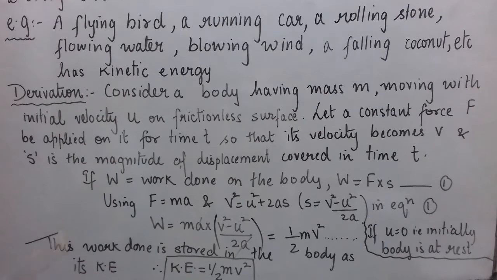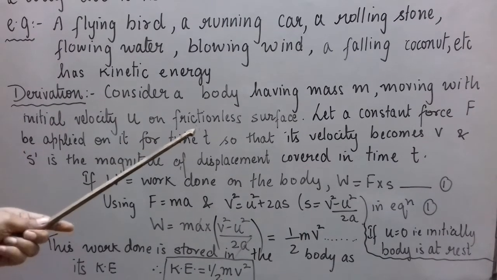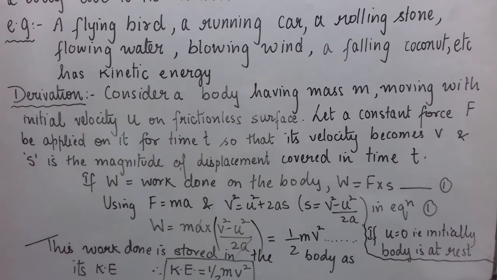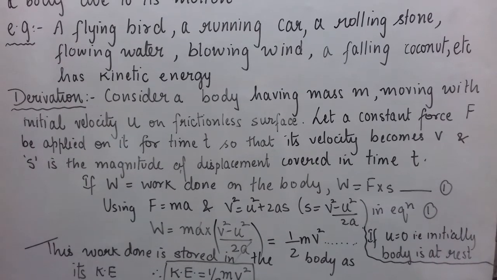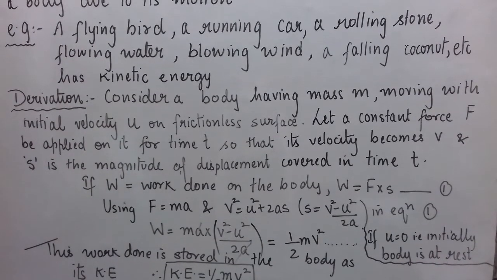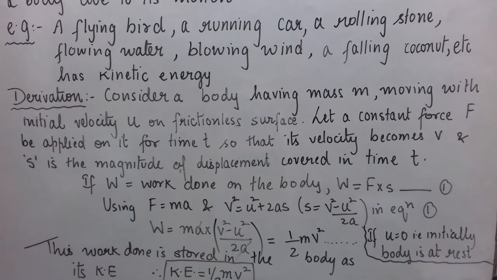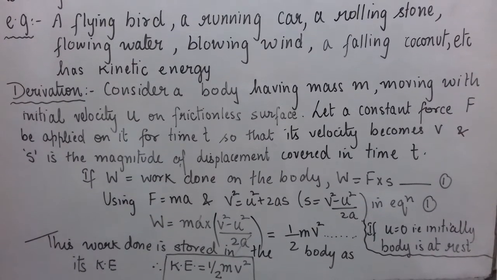But in this case, we are assuming that the body is moving on a frictionless horizontal surface. So then potential energy will not change, as horizontal surface means potential energy, whatever it is having, is going to remain the same. And we can consider it to be the ground also. For ground level, potential energy is considered to be zero. I am talking about gravitational potential energy.